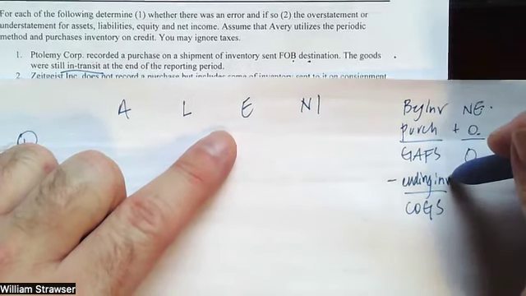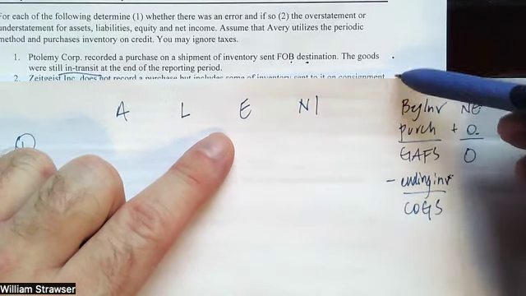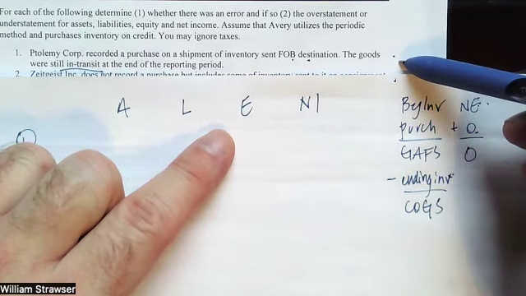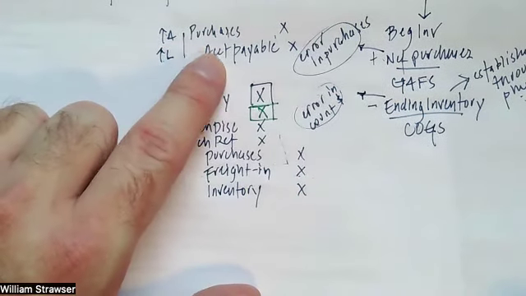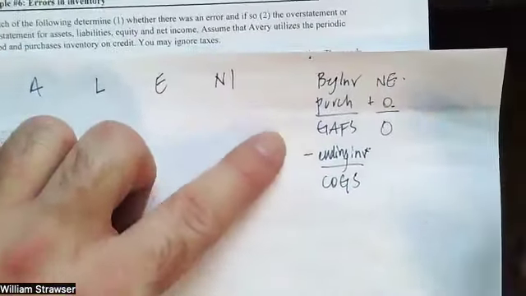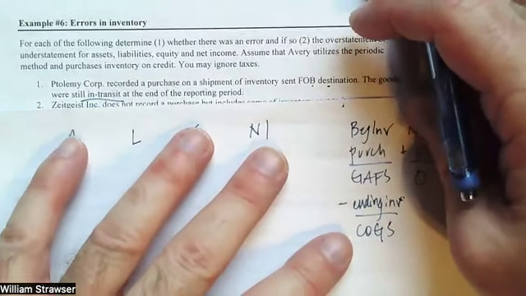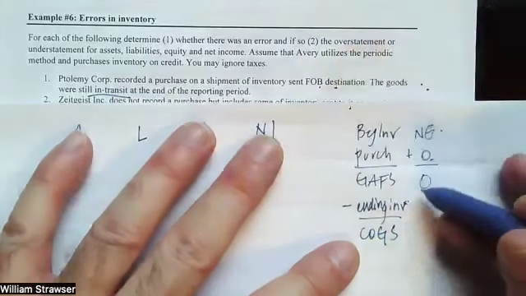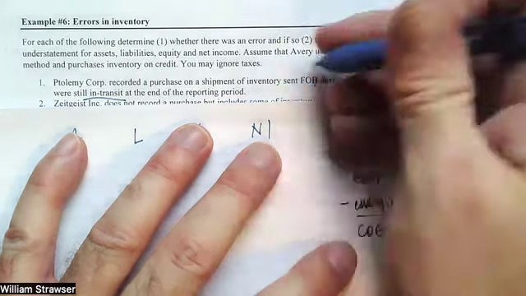Now, a question as to whether this inventory was included in our ending inventory. Now, they did record this purchase, accounts payable, right? They shouldn't have. But remember, the ending inventory is a count. It is just established by what we count and put in as the number that we want for our ending inventory.